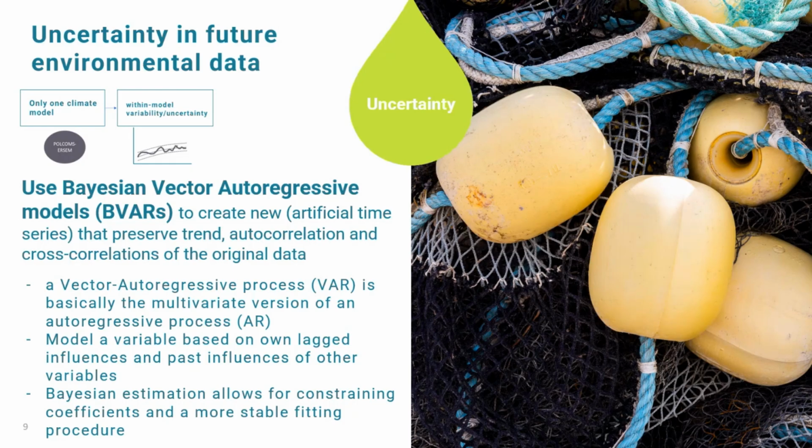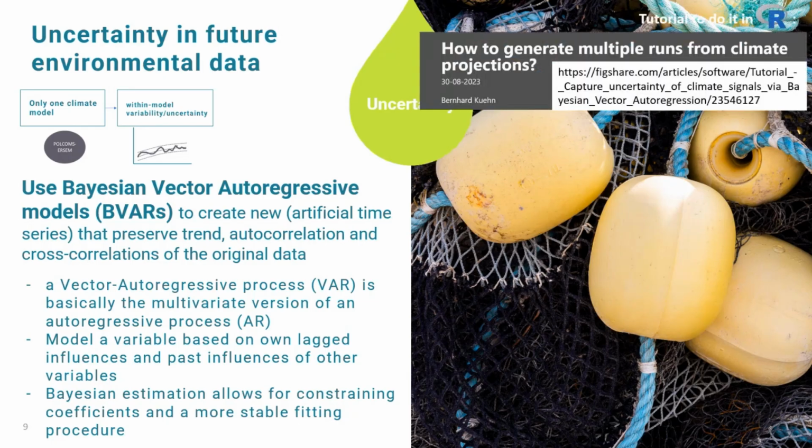And the Bayesian estimation here allows for constraining the coefficients and having a more stable fitting procedure so that the model is more bound to theory, right, by defining priors. And I also made a tutorial for this one. When we have time, we go through it later on.